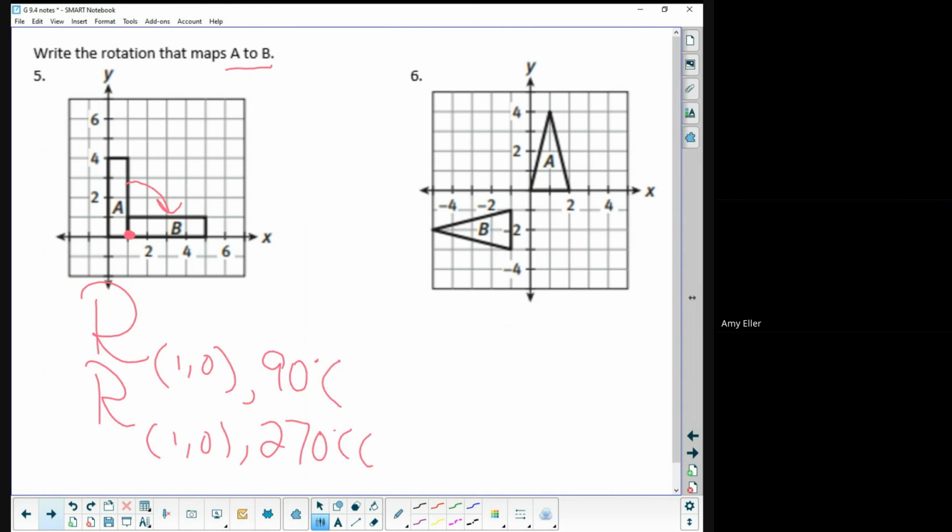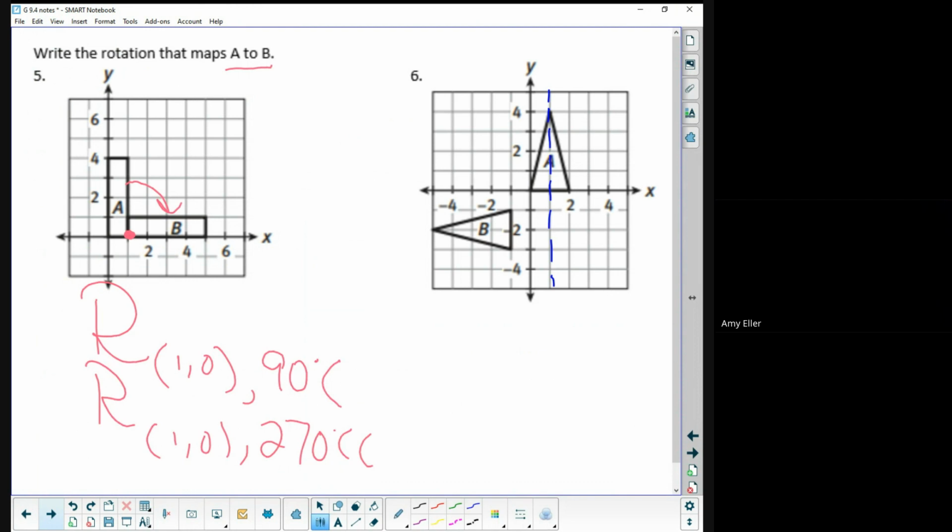Number 6. Is there a point on A that did not move? No, the whole figure moved. So how do we do it then? I usually draw a line straight through my figure.